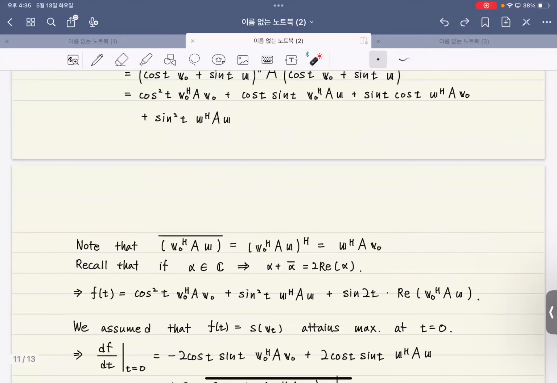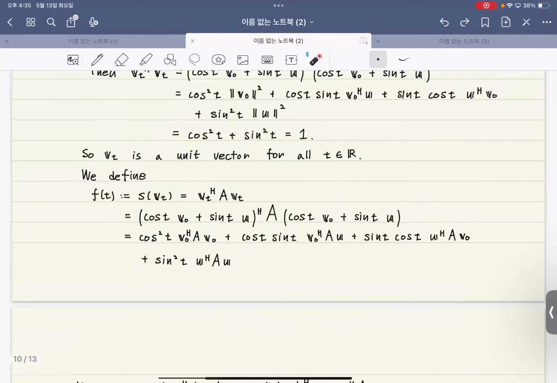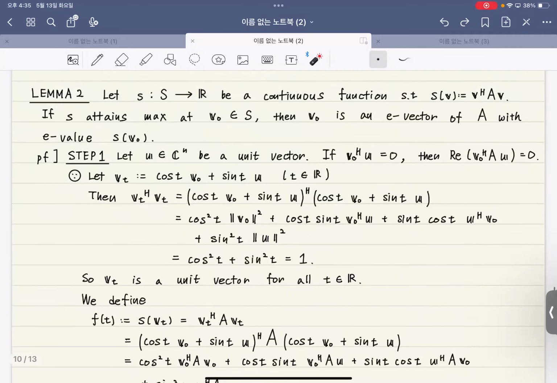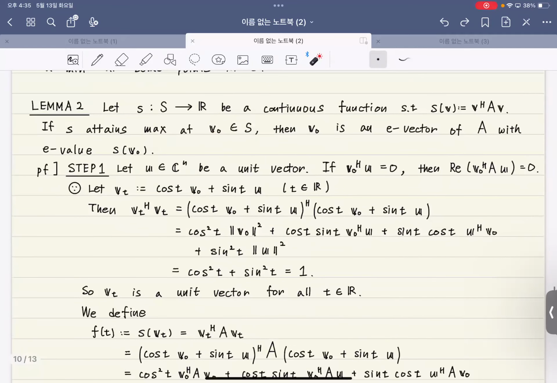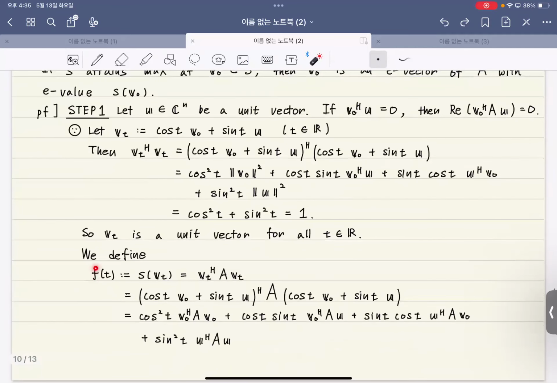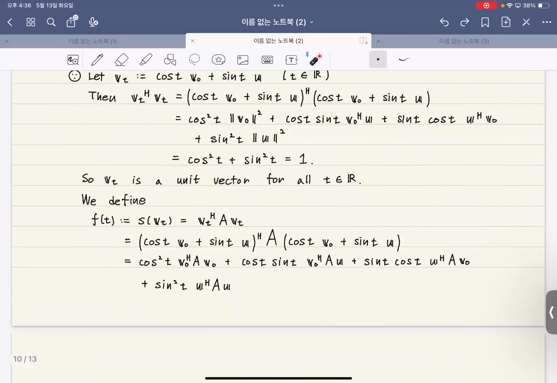Since we have assumed that the function s attains the maximum at v0, this composed function f of t must attain the maximum when t equals 0, because if t equals 0, then this is going to be v0.